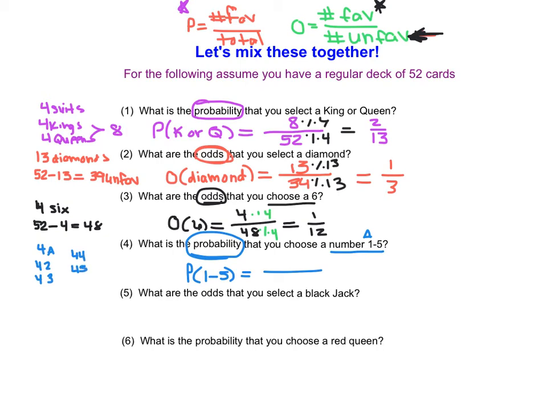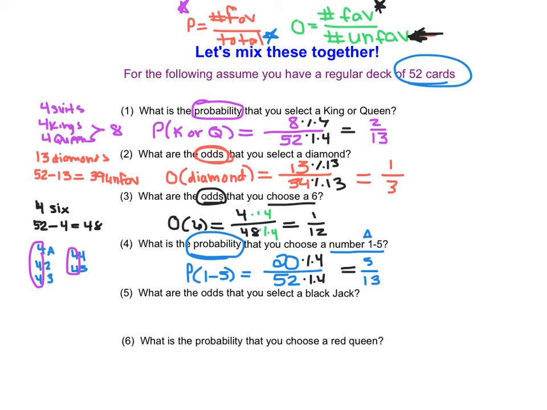We have 4 of each of those, 1 in each suit. So if I add up these 4s in purple together, I discovered that I have 20 favorable outcomes. Now in probability, we have number of favorable over total. So my denominator is my total number of outcomes, which is 52. Then from here, I note that each of these are divisible by 4, so I can simplify this down to be 5 over 13.